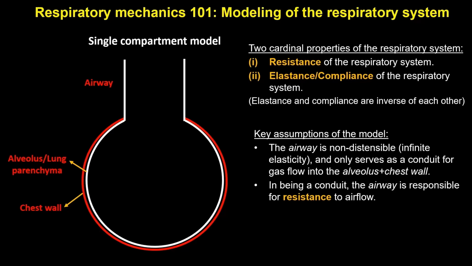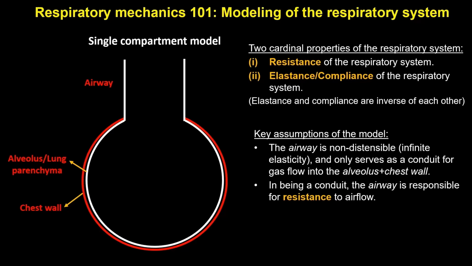All the airway is doing in this model is allowing passage for airflow from the atmosphere, or the ventilator, for example, down into the lower compartments, which are the alveoli and the chest wall. As the air flows through the airways, the friction that's created causes resistance to the airflow.